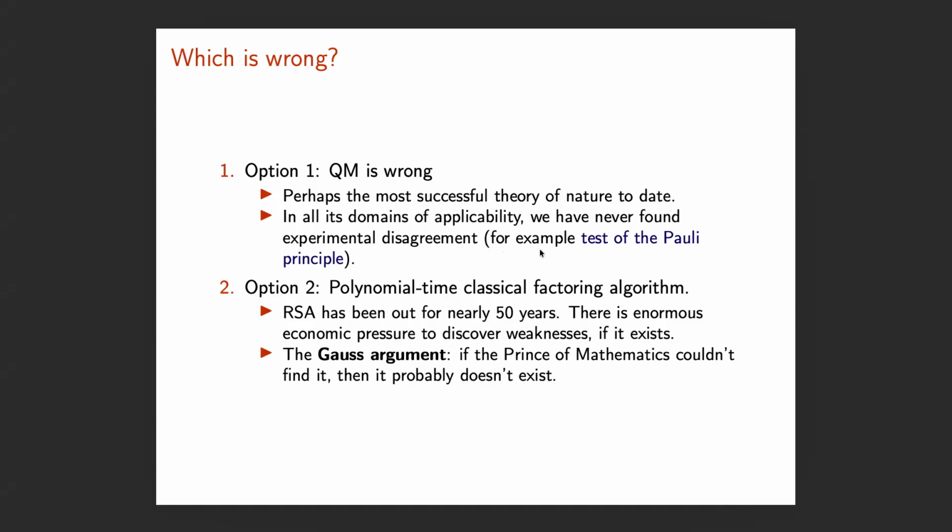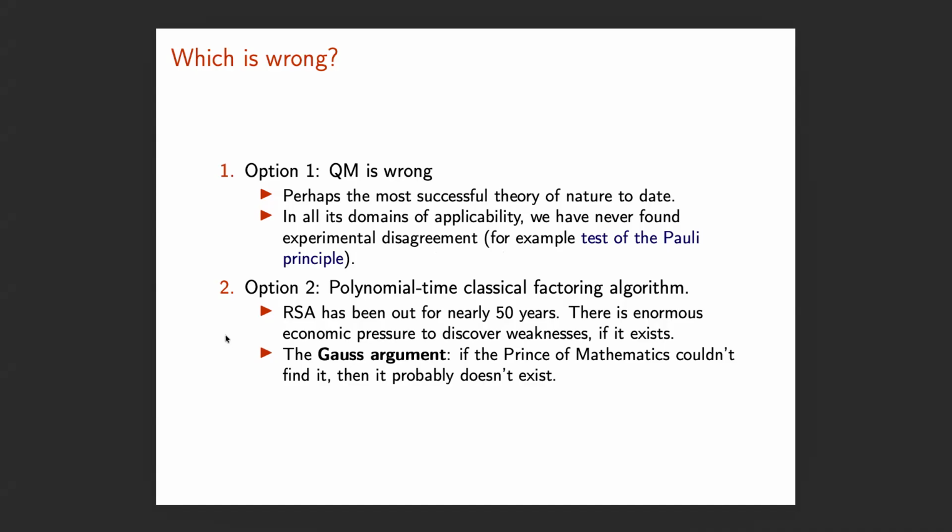And within the experimental uncertainty, there is no sign that the Pauli principle is not valid. Many of these experiments are really, really difficult to perform. So within today's experimental uncertainties, there doesn't seem to be anything which breaks with the basic theorems of quantum mechanics.